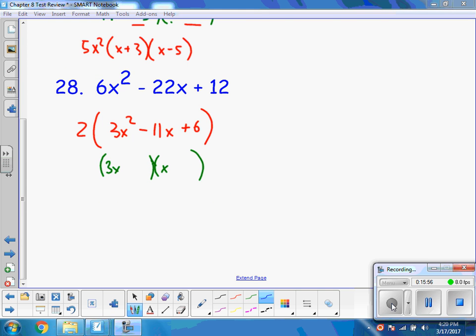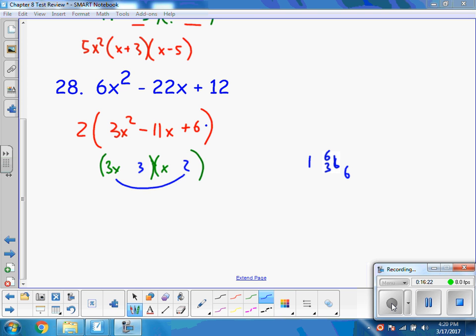All right, I factored out a 2, and now I'm guessing and checking, so I need to get to 6. So I tried a 6 and a 1, and I can see that's going to get me to 6 and 3, 6 right now, which is 9. That's not going to get me to 11. Maybe the other way, 6 and 1. That's getting me up to 18, so that will not help. So let me try a 3 and a 2.